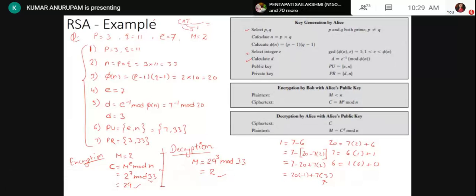Now I will do one thing. I'll give you one sample question and you need to solve it using this RSA. So just give me a moment. I will search that question. I think I have written it somewhere. Just a moment. Let me bring my notebook.